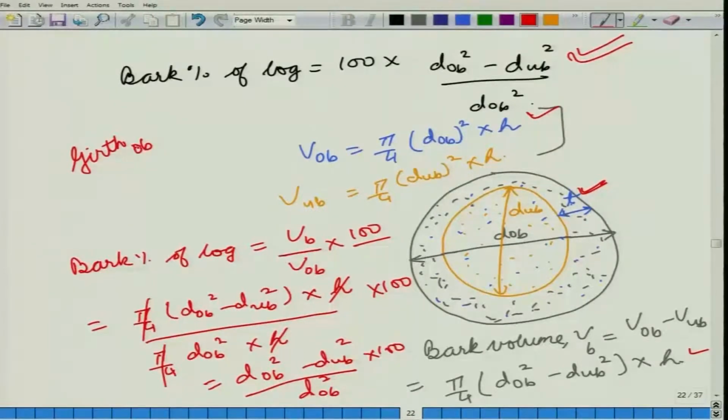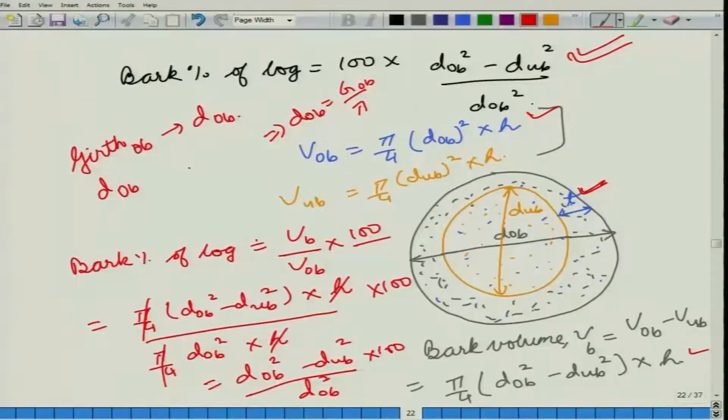If we are using a tape, we can very easily get the girth over bark, or we can also get the diameter over bark. So, from girth over bark you can get the diameter over bark. So, this DOB is equal to G by pi.